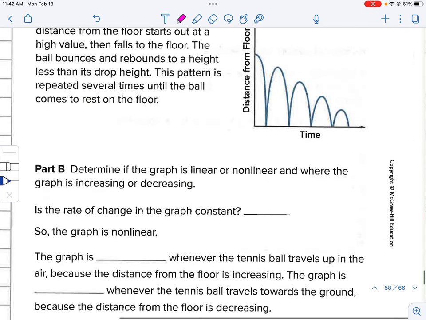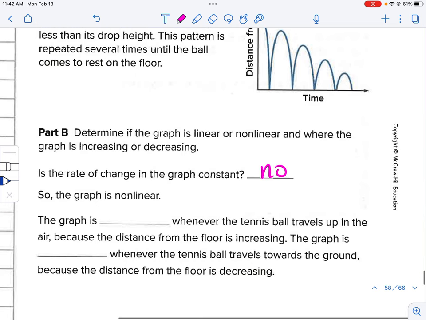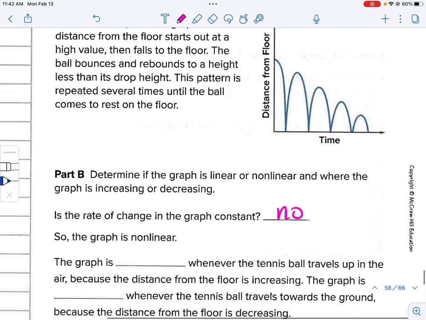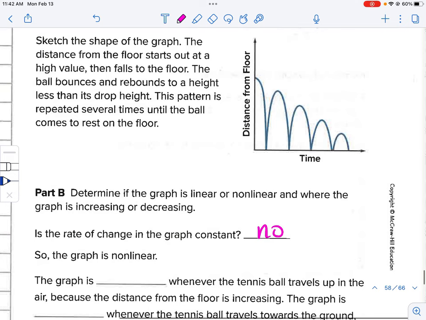Okay, determine if the graph is linear or nonlinear. So is the rate of change of the graph constant? No, it is not. The graph is increasing whenever the tennis ball travels up in the air.